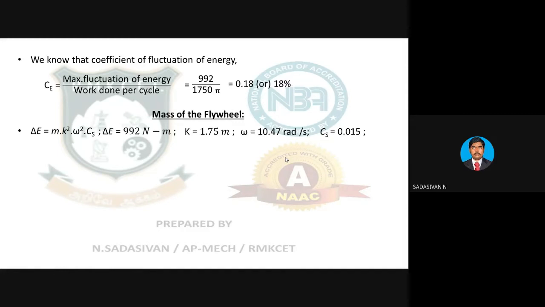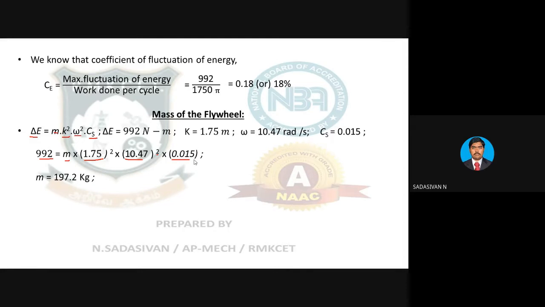The only unknown is mass. Substituting all the numbers: 992 equals m times 1.75 square, the radius of gyration, times 10.47 square, times 0.015. Solving for m gives 197.2 kilogram. That is the mass, so the second question is over.